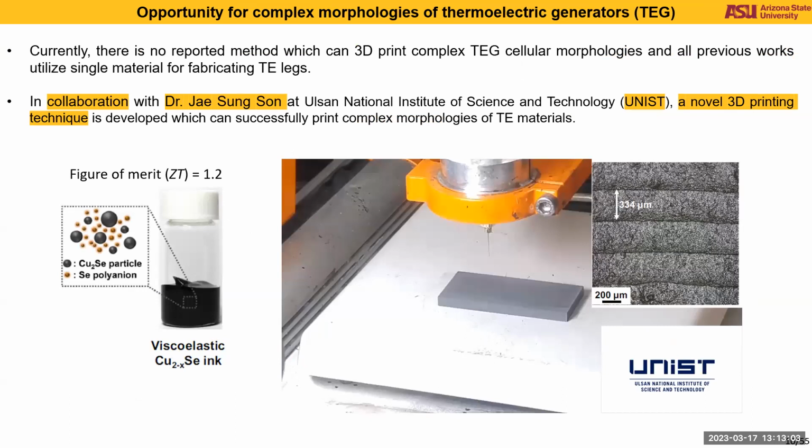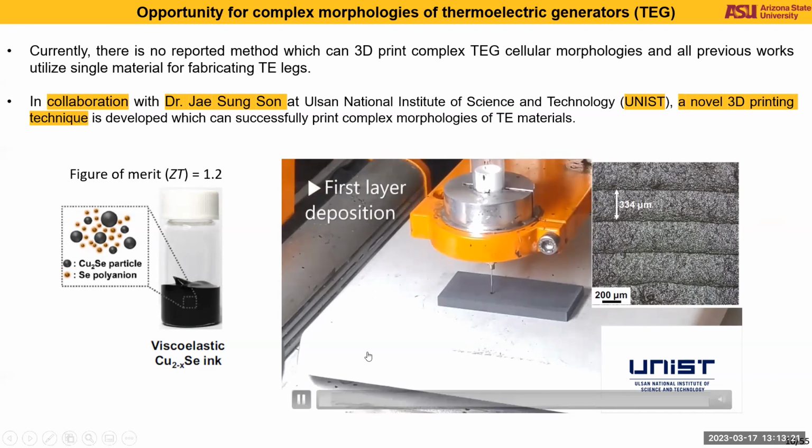For that purpose, Dr. Son at UNIST developed a novel 3D printing technique with which you can fabricate any shape of thermoelectric devices using copper selenide ink. So I will just quickly play the video.